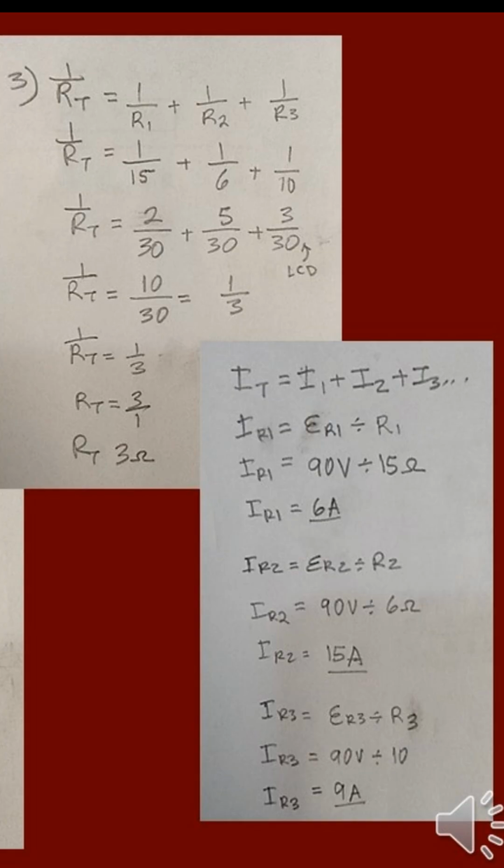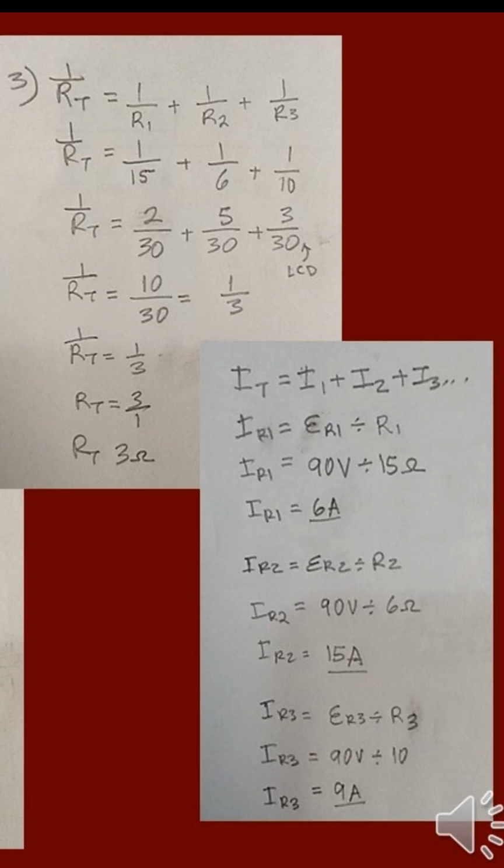Now, where do we get our 90 volts for the voltage drop at resistor 1? We know that 90 volts is our source voltage, and it must be the same as resistor 1 or resistor 3 or resistor 2 for that matter. So we know that 90 volts is our resistor voltage drop. Divide that by 15 ohms, which we already know from the problem at R1. So that gives us 6 amps for the current at R1.